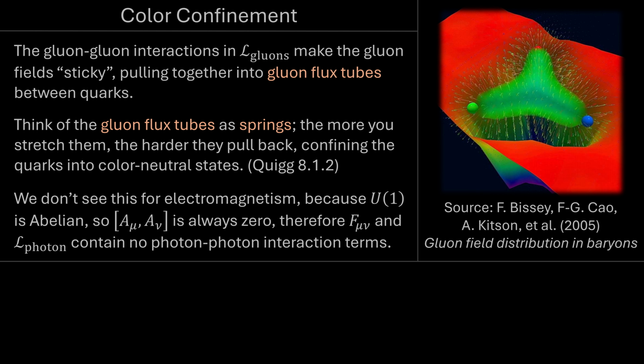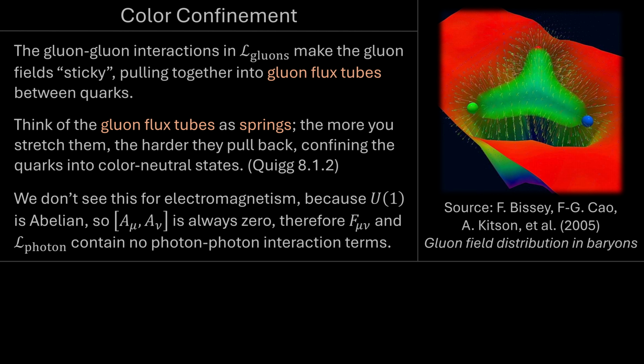Therefore, in our field strength tensor F mu nu, even if you imagine that containing a commutator term, well, it's an abelian group, so the commutator is 0, and so therefore in the photon part of our Lagrangian, we're not going to have photon-photon interactions, and so that's why the photon field is not sticky in this kind of a way where it wants to form these flux tubes. But QCD is based on local SU3 symmetry, which is non-abelian, and so it does have a non-zero commutator term in the field strength tensor, and so we do have gluon-gluon interactions.